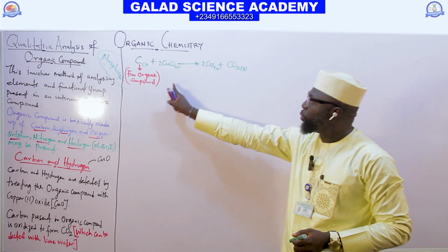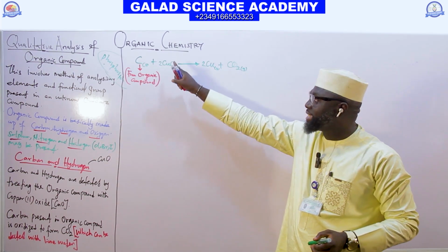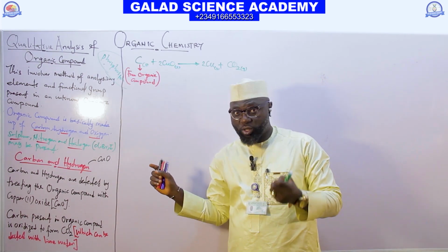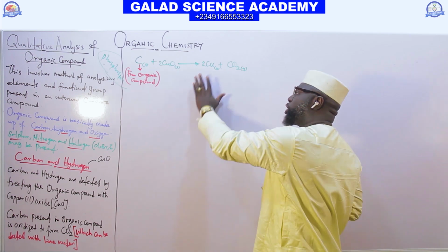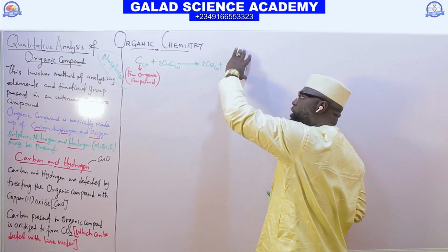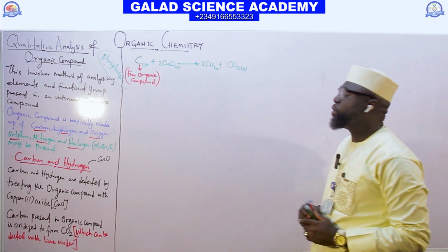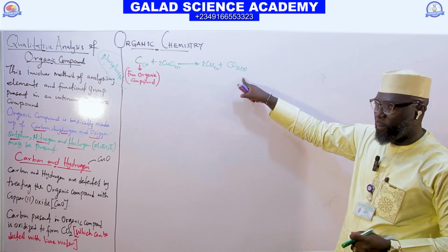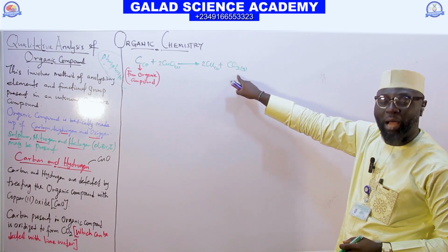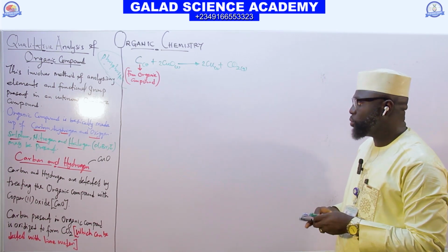So whenever copper 2 oxide is treated with organic compound, solid copper will form and CO2 gas will also form. This carbon will oxidize to form carbon 4 oxide, which can be tested by using lime water.